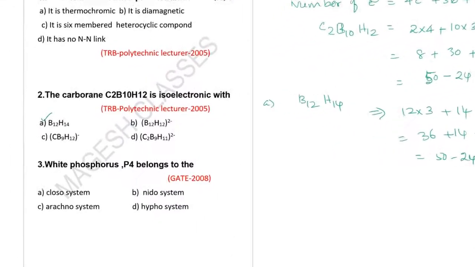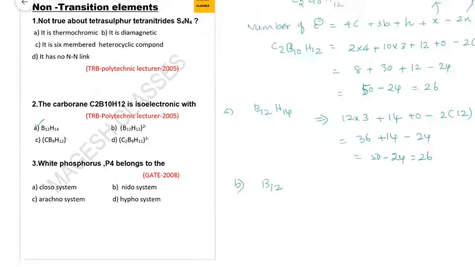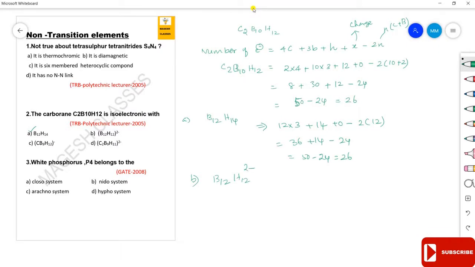So you can check the others. B12H12 2 minus, the charge is given. So 3 into 12 plus 12 minus 2, minus 2 into 12. Here 2 is the charge and 12 is the number of boron.